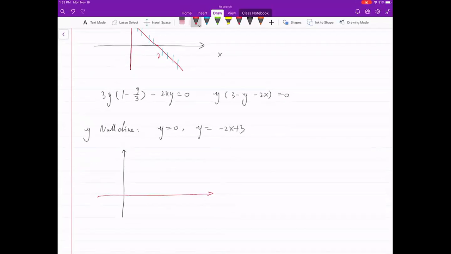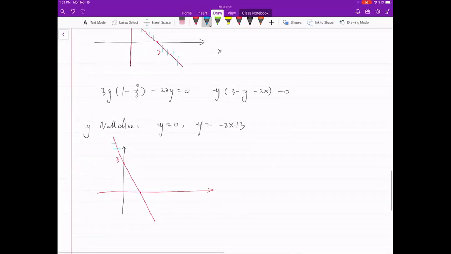Plug in 0, I have 3, roughly this. And on these two lines, your y component is going to be 0. So your vector field will be horizontal.